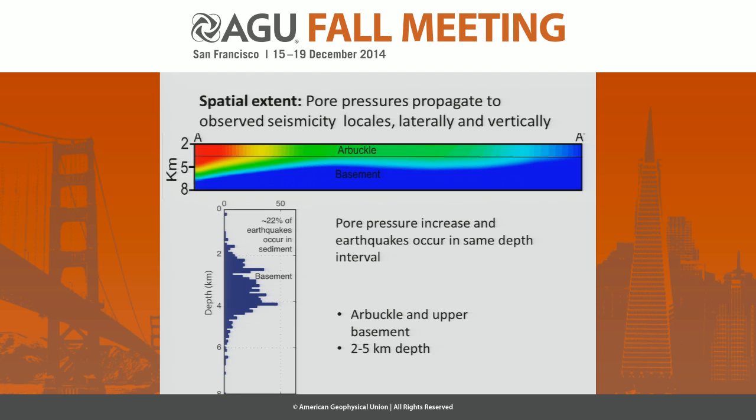And this is the seismicity histogram distribution as a function of depth. And here's the basement. And so what we can see here is that the modeled pore pressure increase and the depths at which earthquakes occur are pretty consistent. And that established some confidence about the pore pressure model.